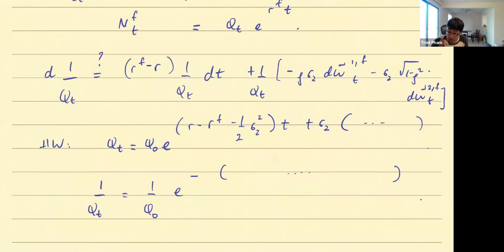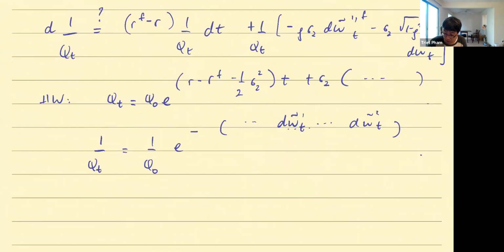Okay. But notice that whatever the dots are here is going to be dW tilde 1 and dW tilde 2, right? So then you can convert this, if you want, at this stage into dW tilde 1f and dW tilde 2f.